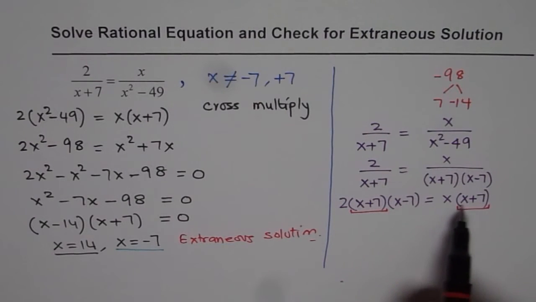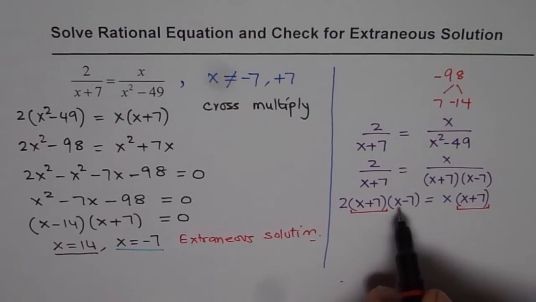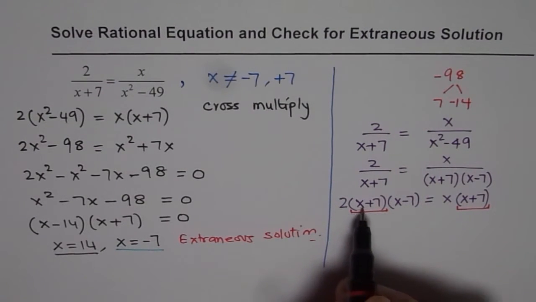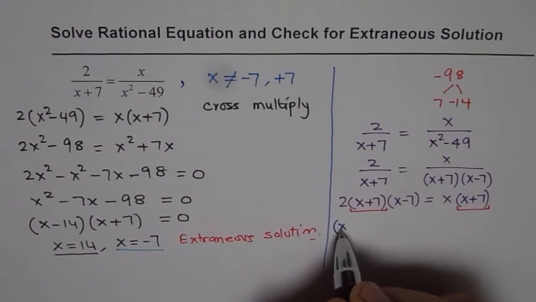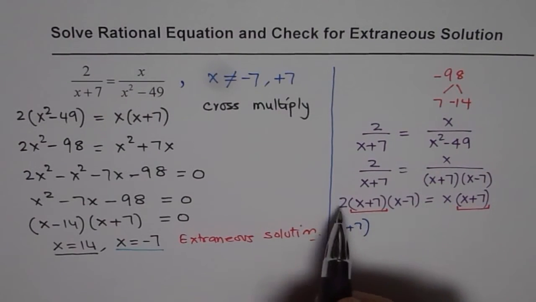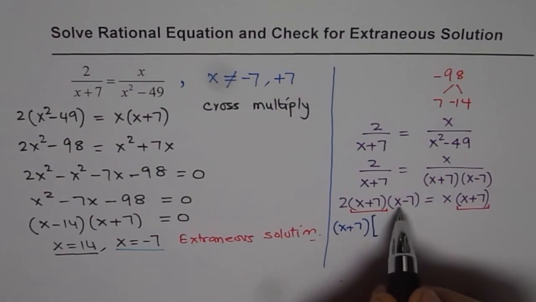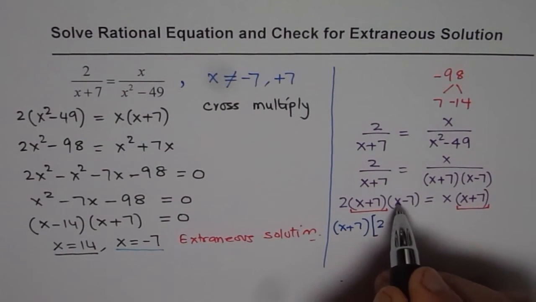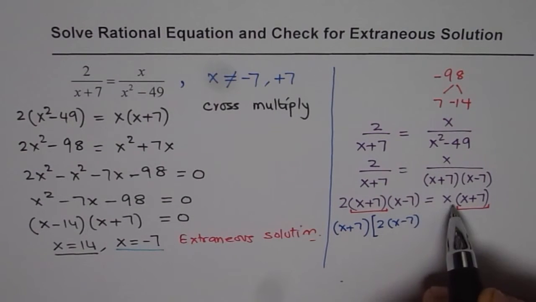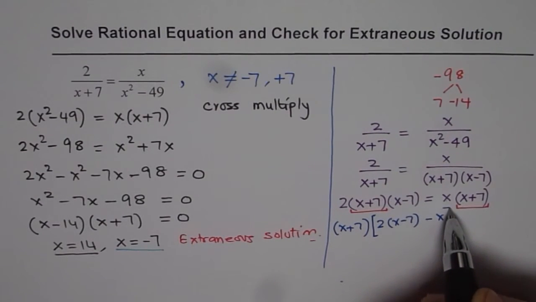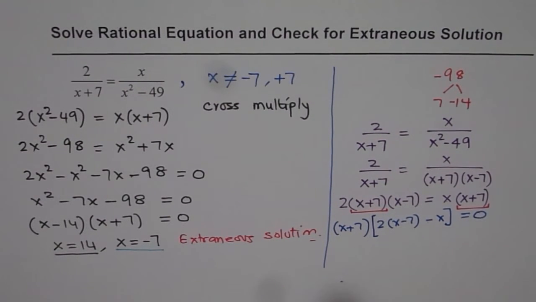Now, I could have solved it like this. When I bring it to the left side, I can take x plus 7 common. So I could do x plus 7 as common, then I'll get 2 times x minus 7, and when I bring this term to the left, it will be minus x equals 0.